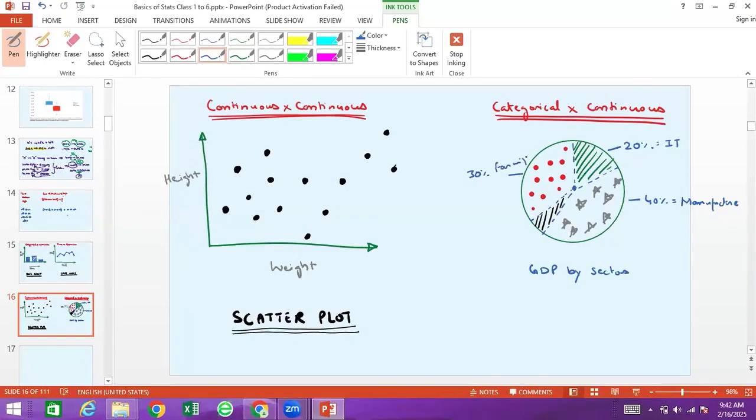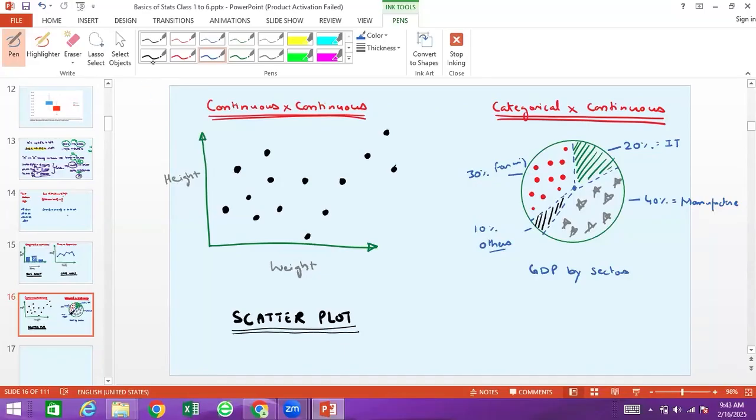So it should add up to 100%, right? So let's say 40, this is 60, 70, 80, 90, and maybe 10% is others. So when you are trying to show the proportions, then we can use a pie chart.